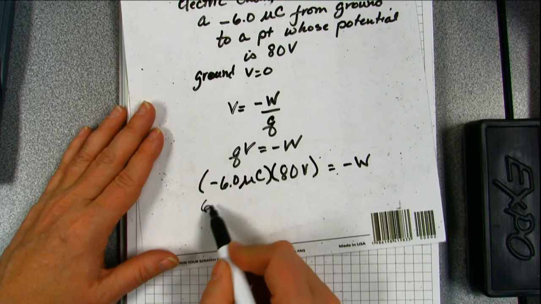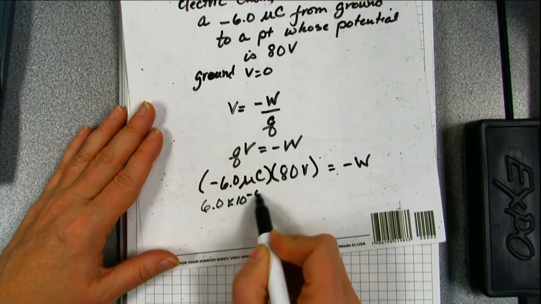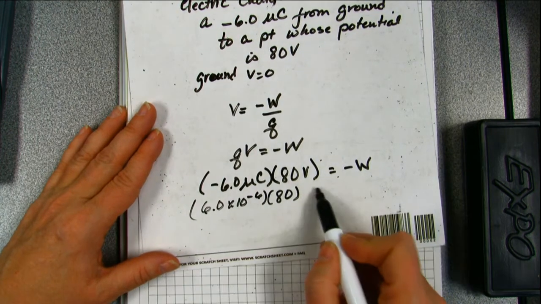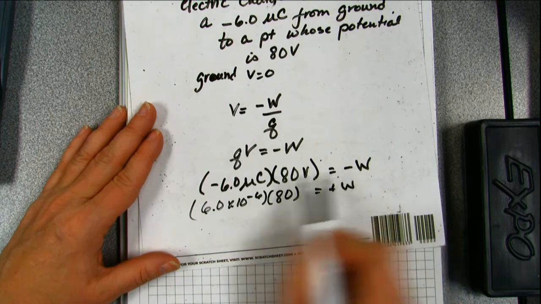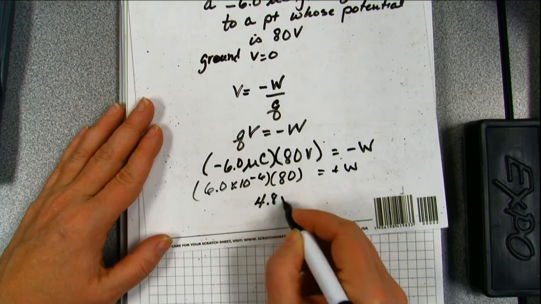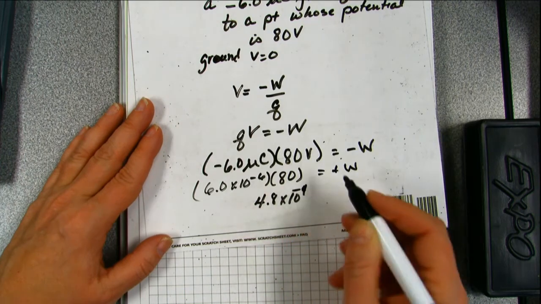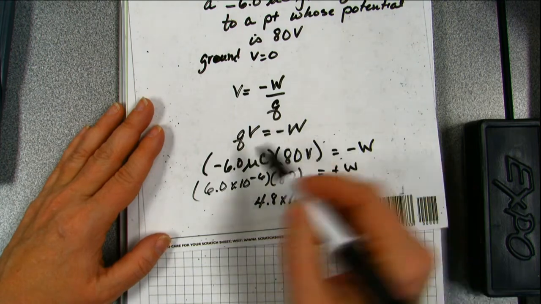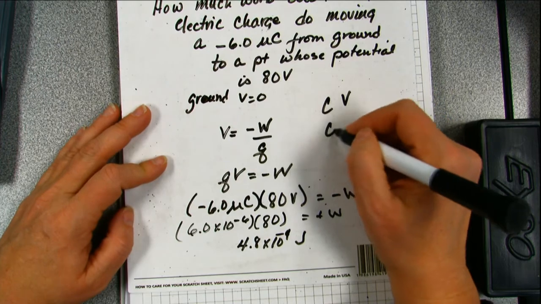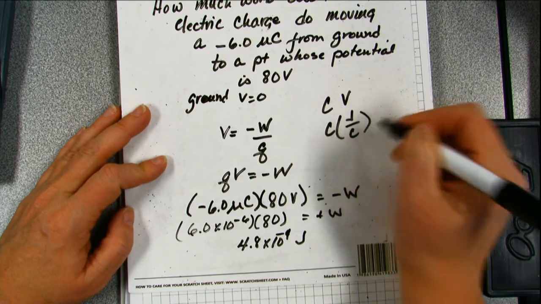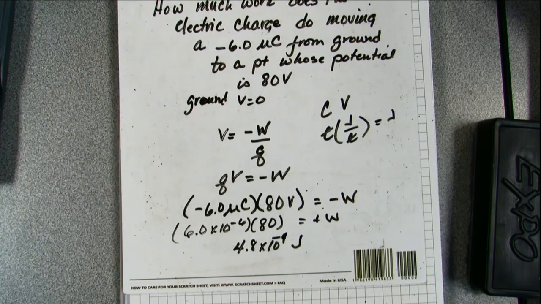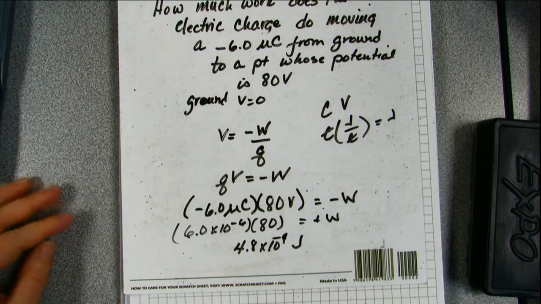So I get 6.0 times 10 to the minus 6 times 80, which equals the positive work because I took out the negatives. This equals 4.8 times 10 to the minus 4 joules. I've got coulombs times volts, which is coulombs times joules over coulombs, which gives me joules. So if I do my unit analysis there, we get it.